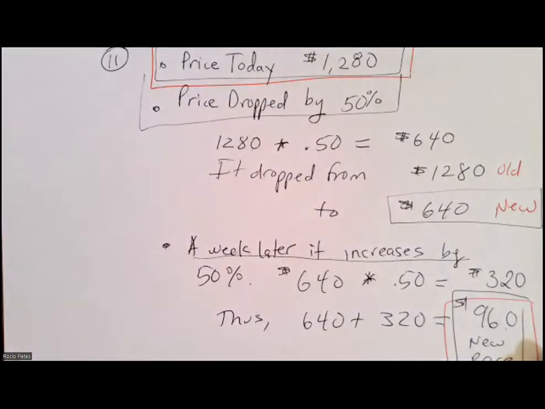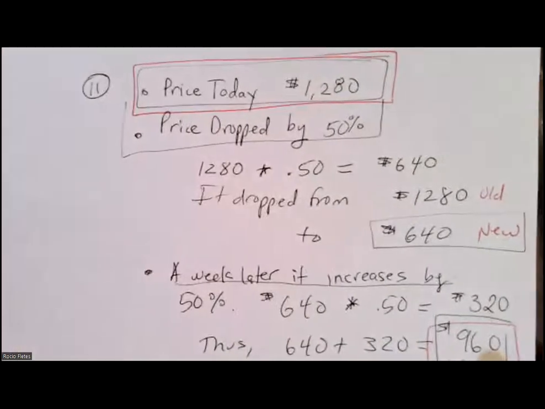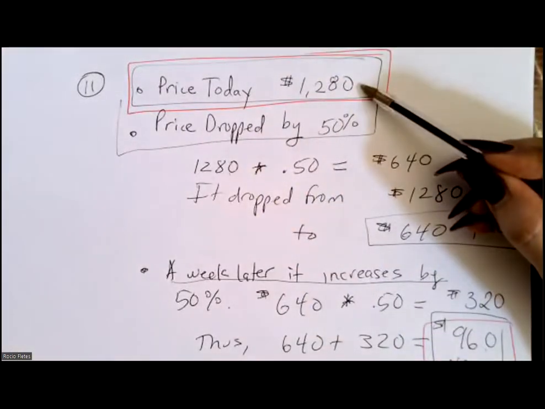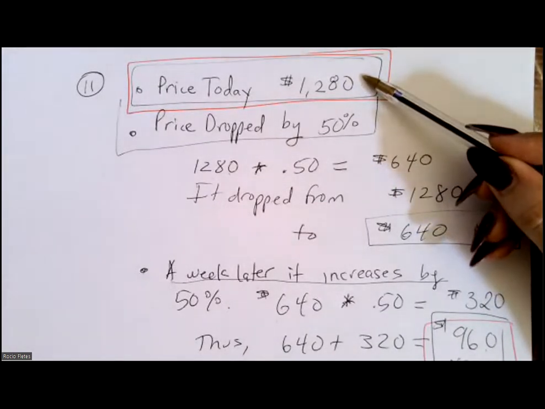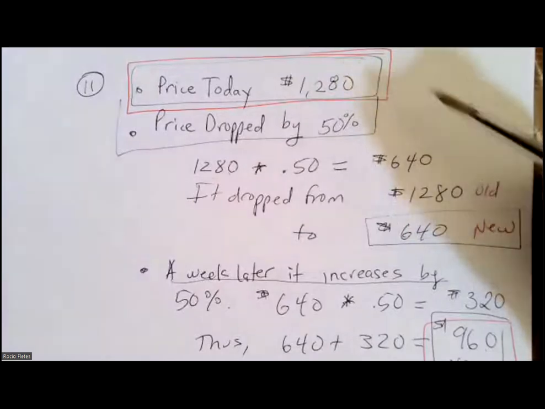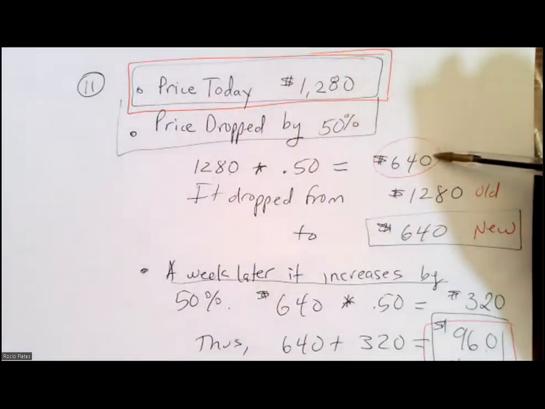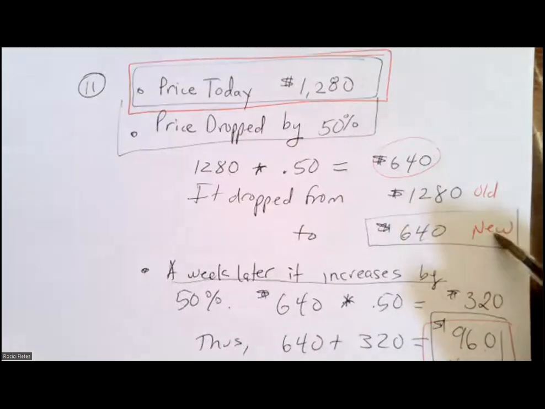Okay, so let me erase this a little bit so you can see what I have written. That's the top. We start with 1280. It dropped 50%. 50% of 1280 is 640. So if you take 1280 minus 640, it gives you 640, the new price. So old price 1280, new price 640.